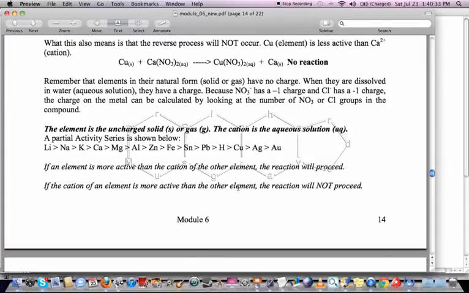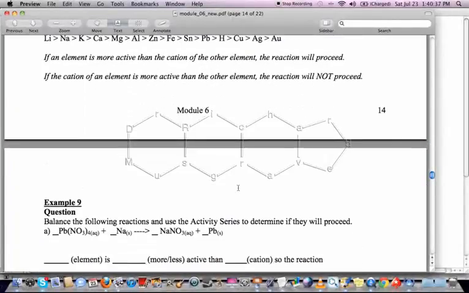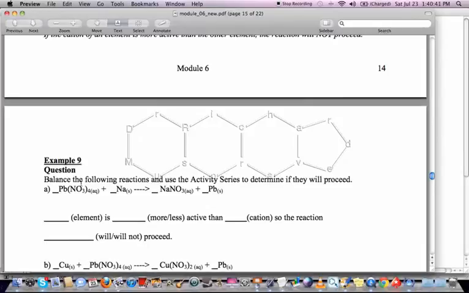Alright, so let's look at a couple of examples of that. So let's say we've got this question here. We want to figure out whether or not this reaction will occur. So we're looking for the element. The element is always a solid, so the answer there would be sodium, and you would say that it is more active than Pb2+, or sorry, Pb4+, which is going to be the cation here.